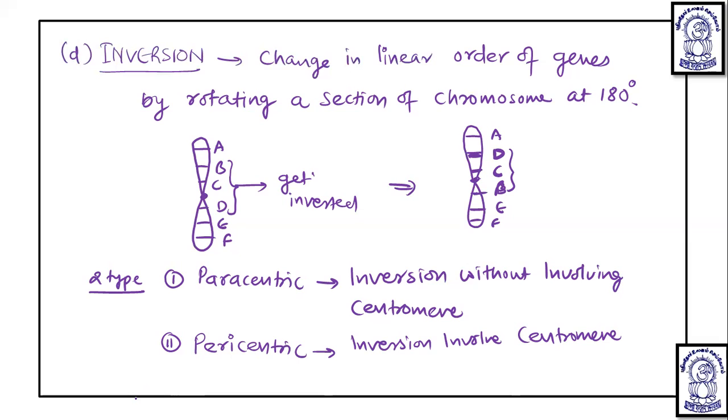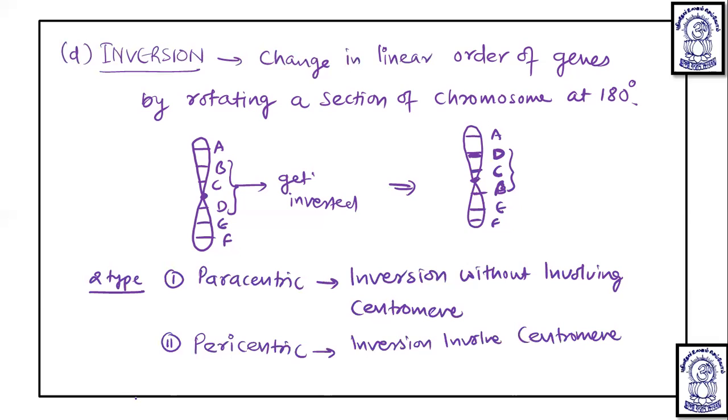And inversion is known to frequently occur in Drosophila due to X-rays. So these are the four different types we have studied in chromosomal aberration or chromosomal mutation, in which the chromosome structure is getting affected. The size may get affected due to deletion, duplication, translocation, or inversion.